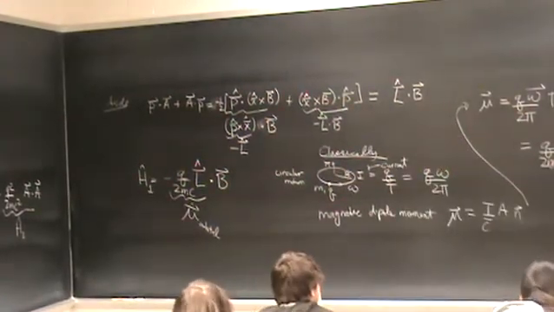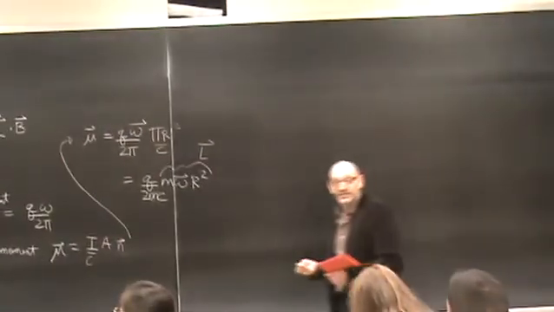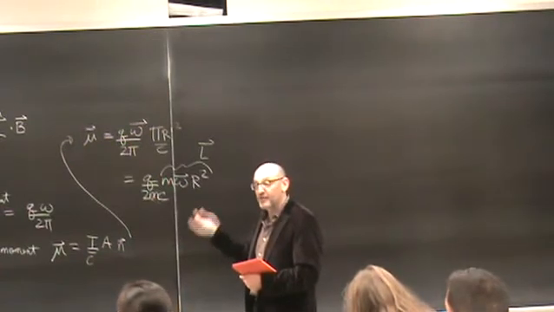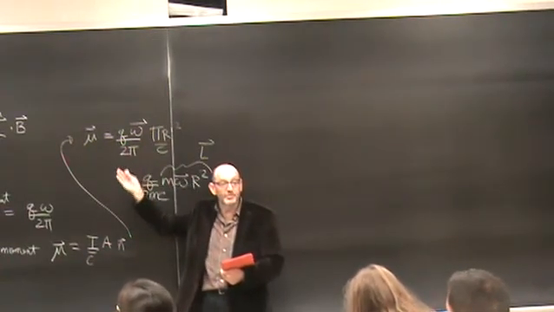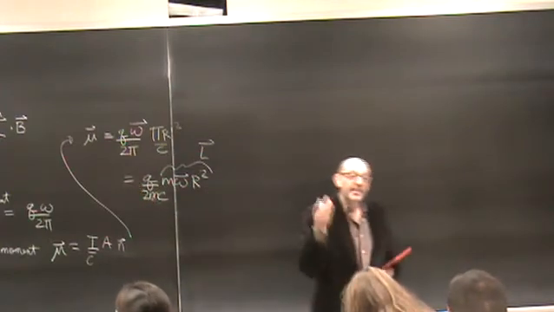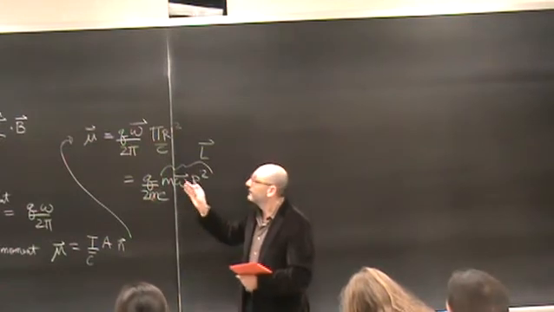This is general, it's not just true for circular motion. If you classically write down the expression for the magnetic dipole moment for moving charges that have current, this is the general expression for a charge that's moving in some way, and this is its magnetic dipole moment. And we just quantize it.